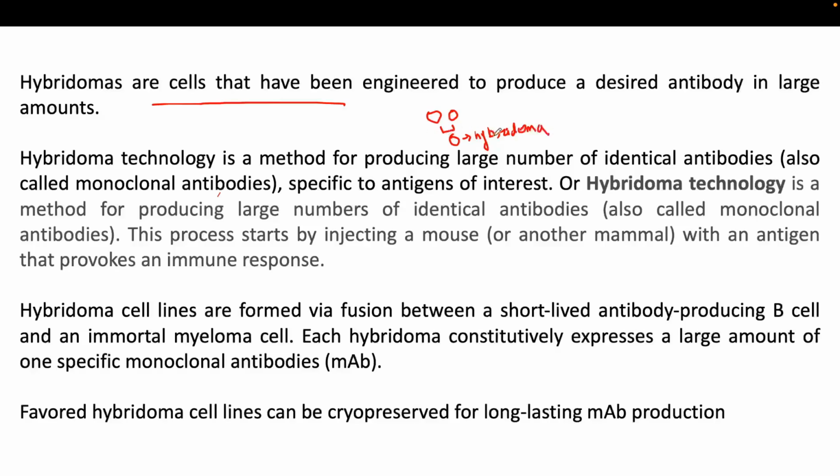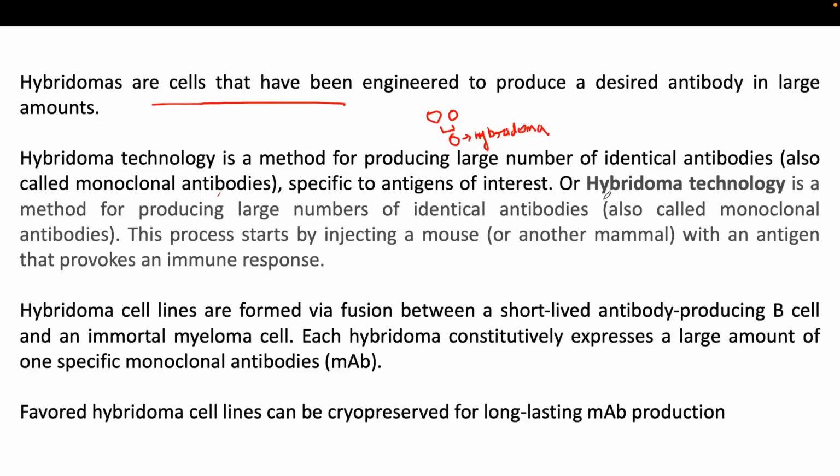Why do we need this hybridoma cell? Because we want to produce a certain kind of desired antibody, a desired product, in a large amount. So that is the hybridoma technology. Hybridoma technology is a method for producing a large number of identical antibodies, also called monoclonal antibodies, which are specific to the antigen of interest.